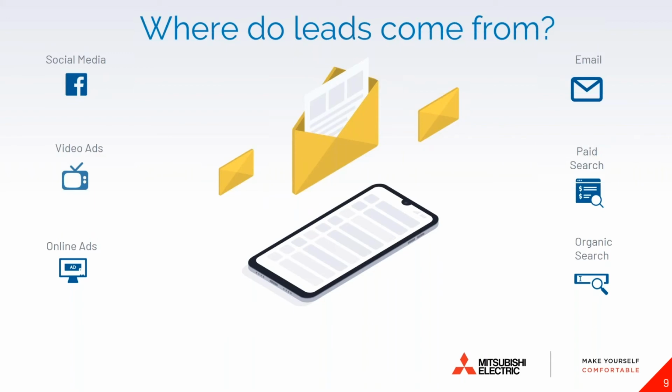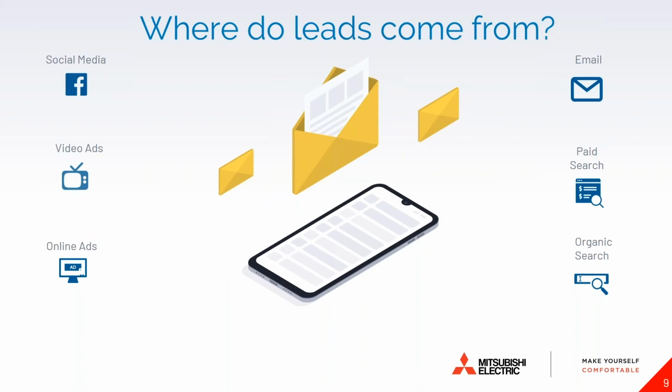The next type of lead generator would be emails. So we have a number of different email campaigns that we keep going from a national perspective. So one of those examples would be when a consumer goes to our website, they're able to download a piece of literature. But in order to get that download, they have to provide us with their email address.